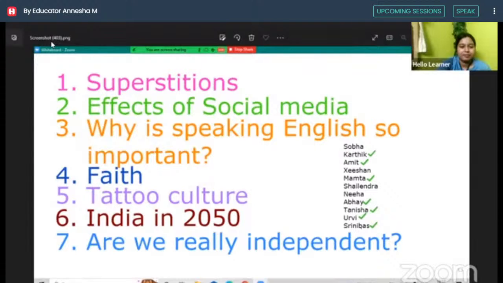Ma'am, speaking English is important. So, I was staying at Pune, but today I arrived at my home, and when I was traveling in the train, one person has a lot of experience, 18 years of experience in this company, and he has no promotion in this company because he doesn't know English.